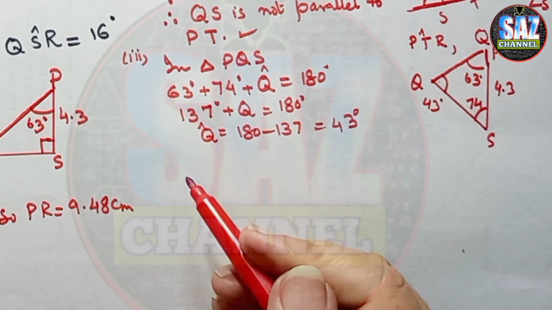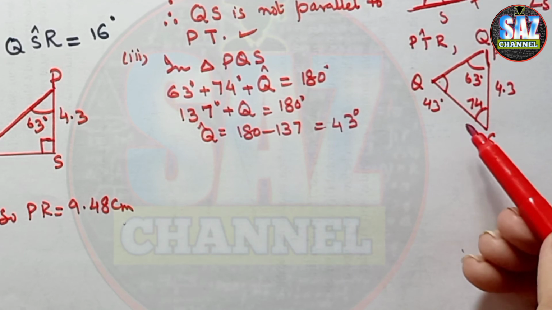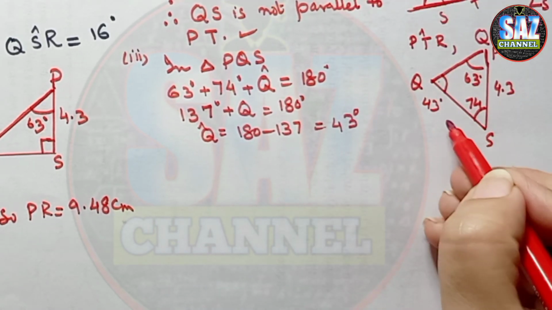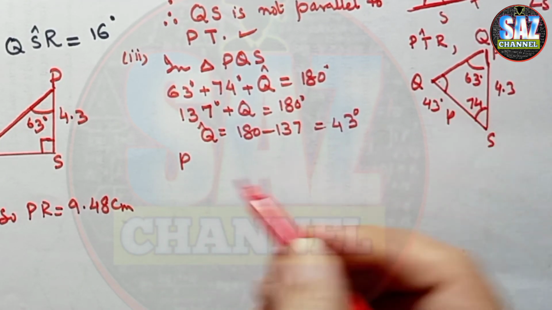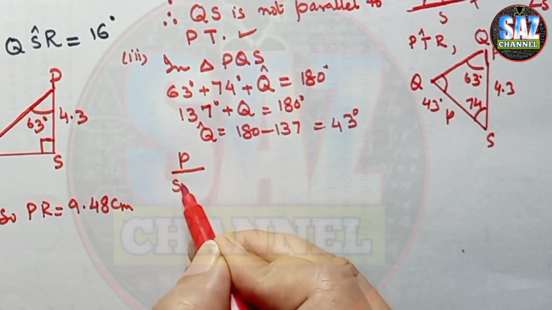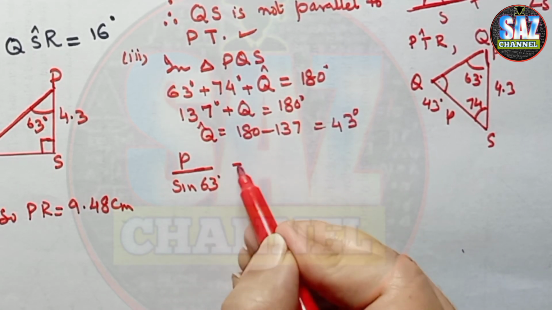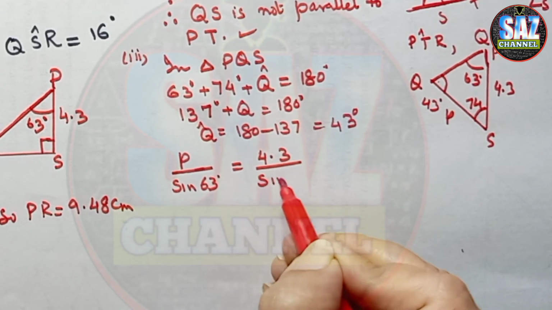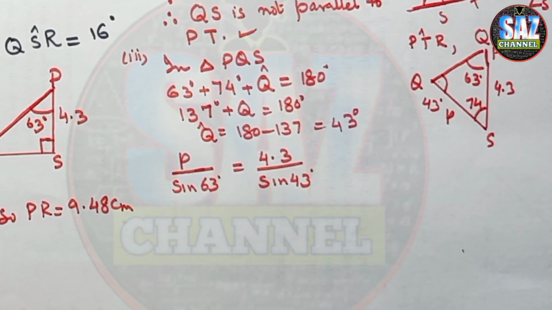Now in order to find the length QS, QS is the side in front of angle P, so QS upon sine 63 degrees equals 4.3 upon sine of 43 degrees. Now I have to get the answer of sine 63.